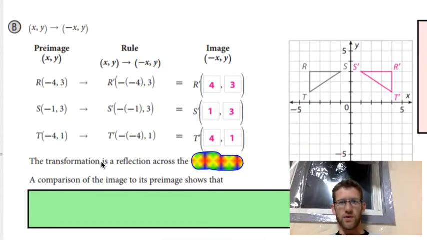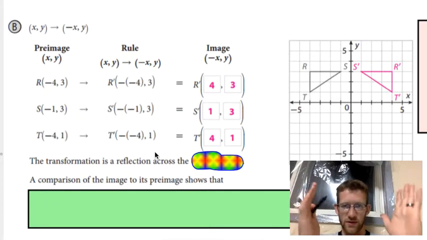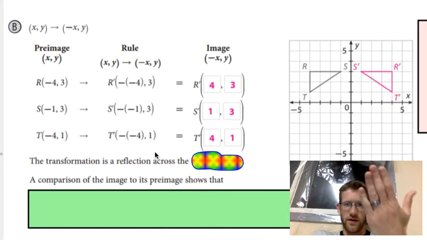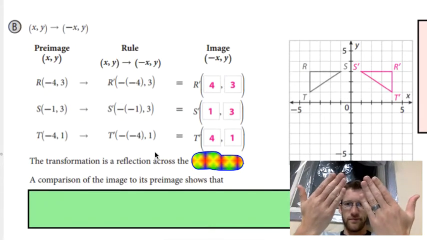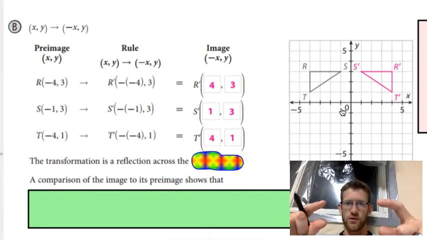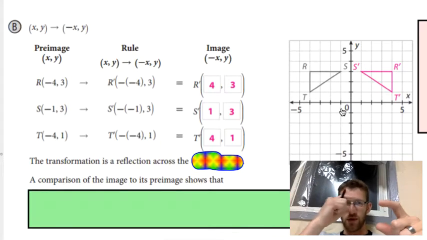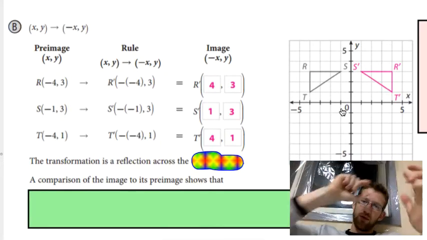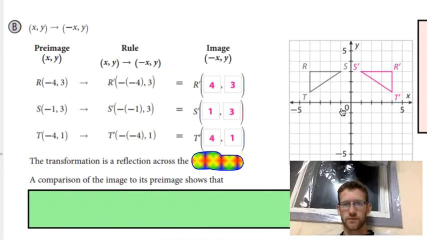This is a reflection. Just how you have a reflection in your mirror where your left hand looks like your right hand when you mirror it. In this case, we're going to have a mirror image, right? So there's no way to just scoot that original shape up, down, left, right. What we have to do is reflect it all the way around.